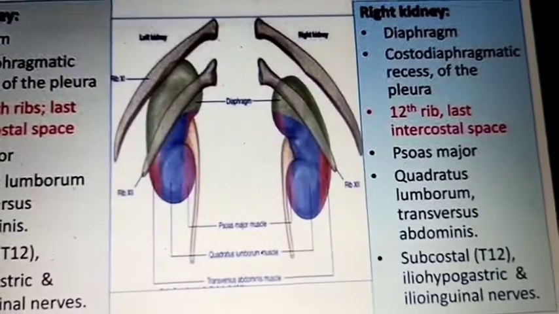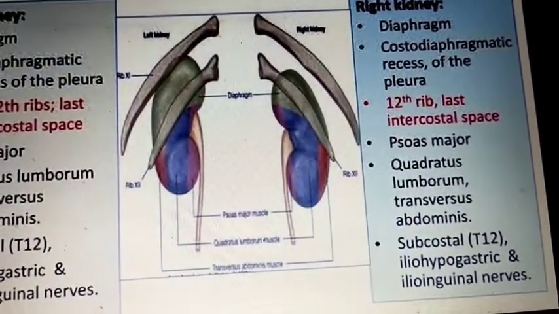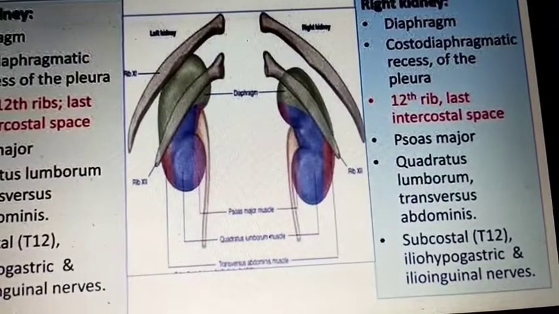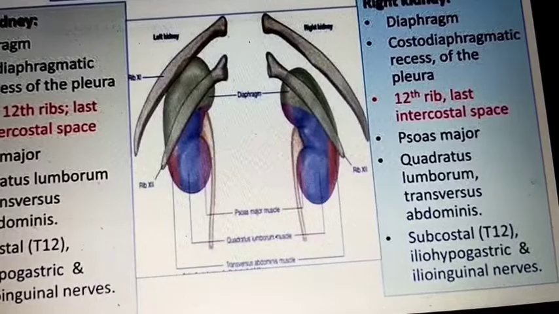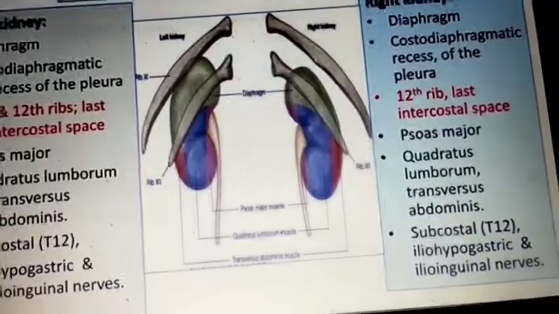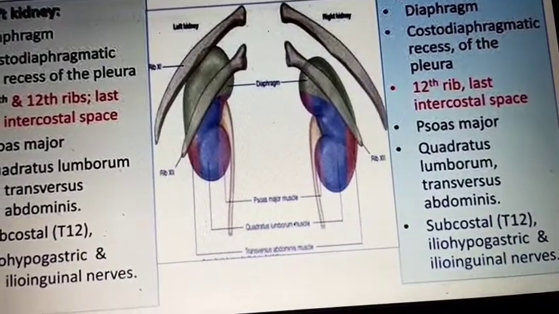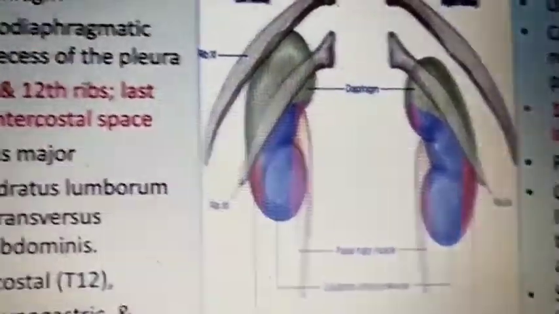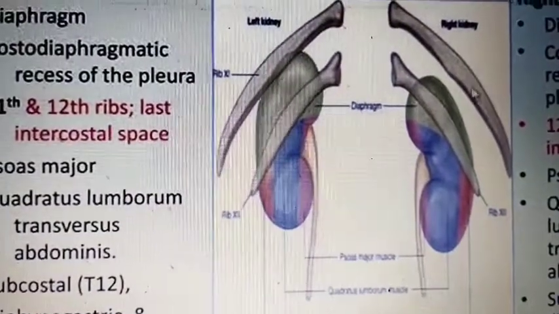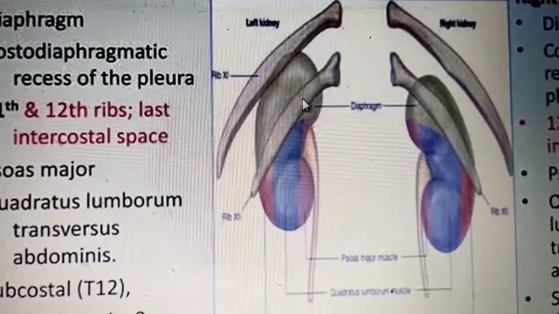On the right side: diaphragm, costodiaphragmatic recess of the pleura, 12th rib, intercostal space, psoas major muscle, quadratus lumborum, transversus abdominis muscle, subcostal muscle, iliohypogastric and ilioinguinal nerve. In this picture, you can see that posteriorly it is related to the diaphragm here, and you can also say the crus of the diaphragm.